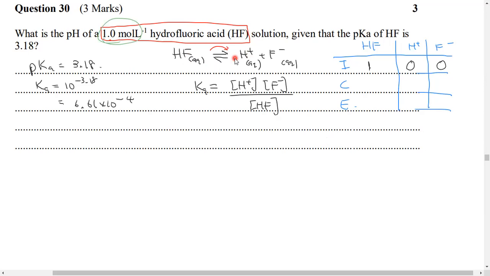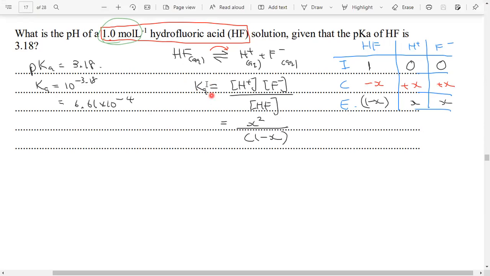We don't know how much, but if it goes across, then this will go down. And because it's 1 to 1 to 1, this will go down while these will go up by the same amount, leaving you with 1 minus x at the end, or equilibrium, and x, meaning this expression can be expressed as x squared all over 1 minus x.